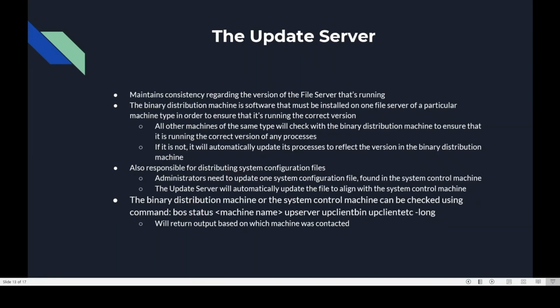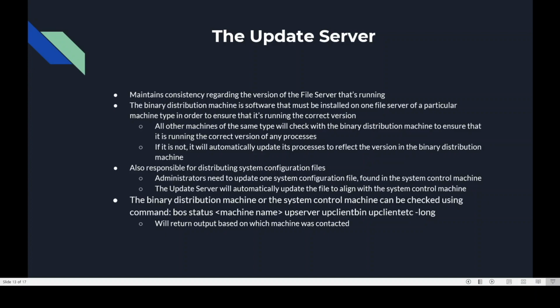The update server maintains consistency regarding the version of the file server that's running. And the binary distribution machine, that's software that goes on one file server. And the update server will periodically check that to ensure that you're working with the latest version of the file server process. And it also is responsible for distributing system configuration files.